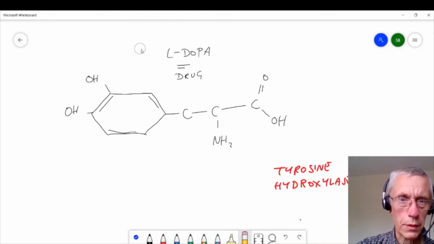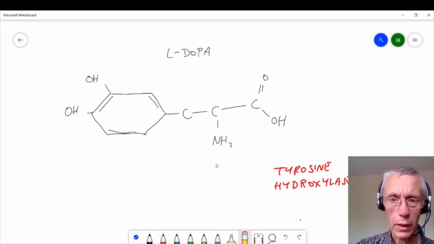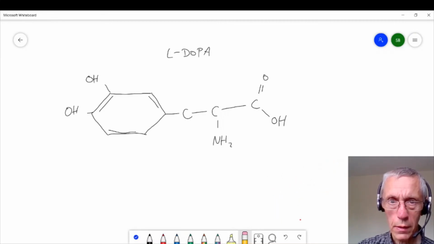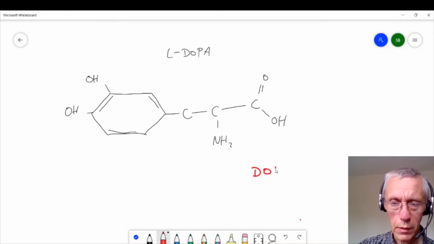So now we've got L-DOPA, and the next step in our synthesis is to use another enzyme called DOPA decarboxylase.